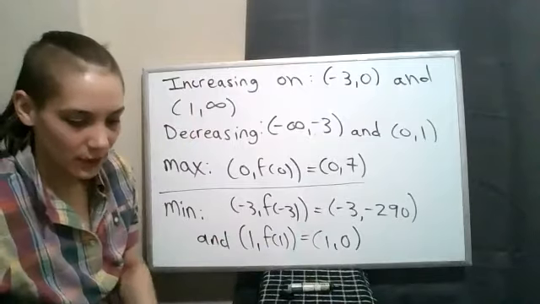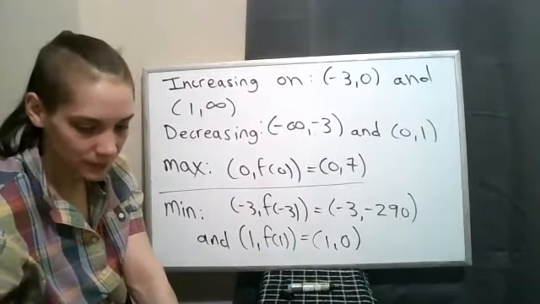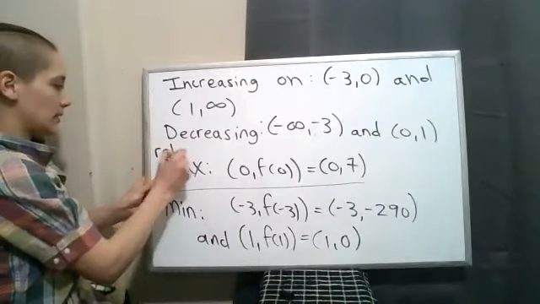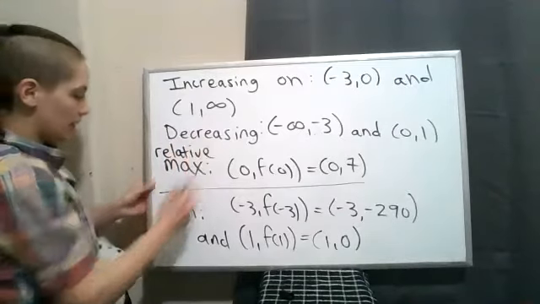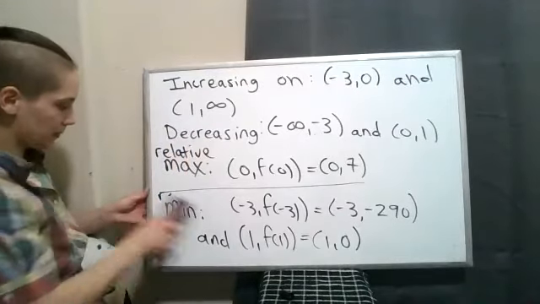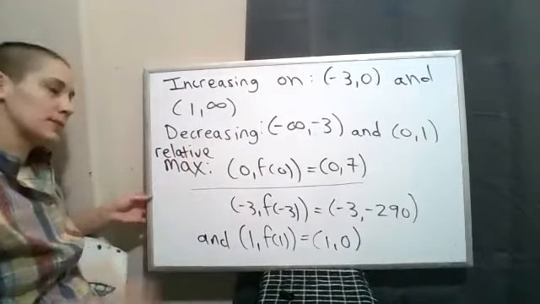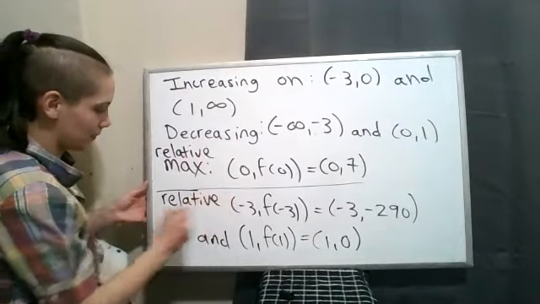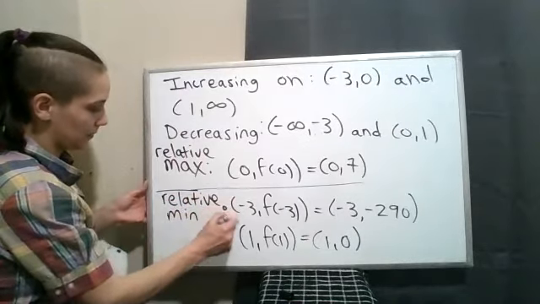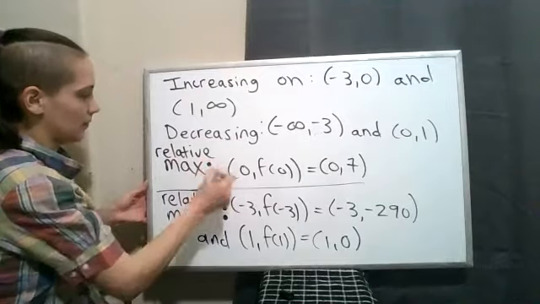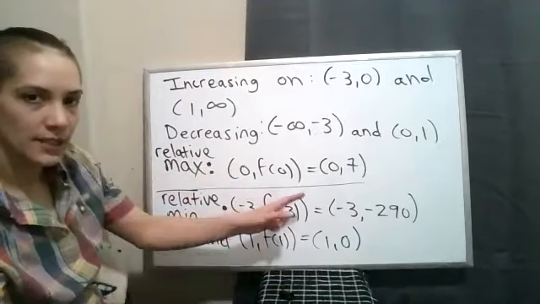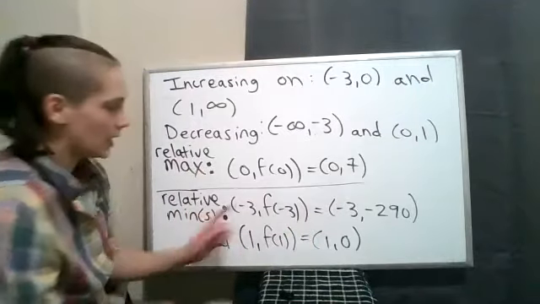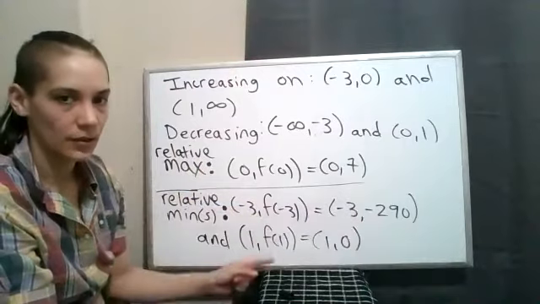All right, we're going to sketch the graph. Oh, by the way, this would be like relative max. That relative max was 0, 7. Relative mins at -3, -290, and 1, 0.